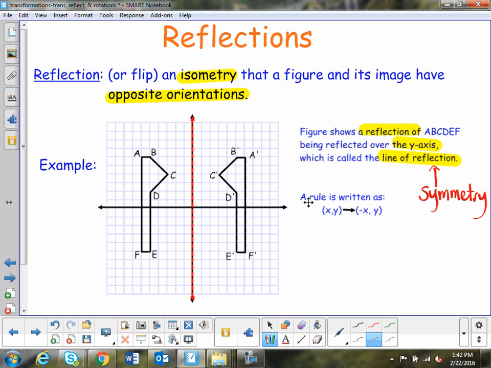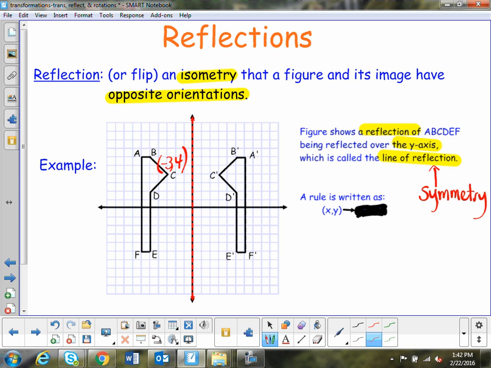Okay, here's how you figure out the rule. Test a couple of points and see what they are. Let's go with C. C is at negative 3, comma 4.